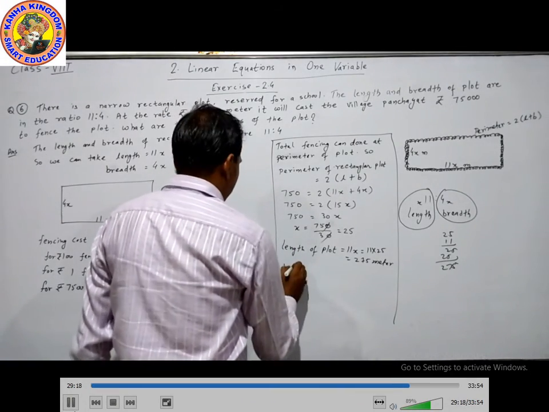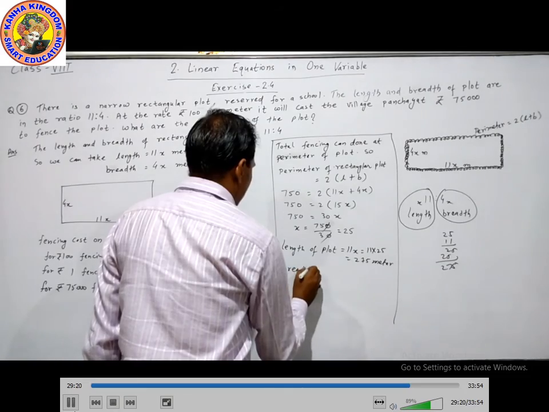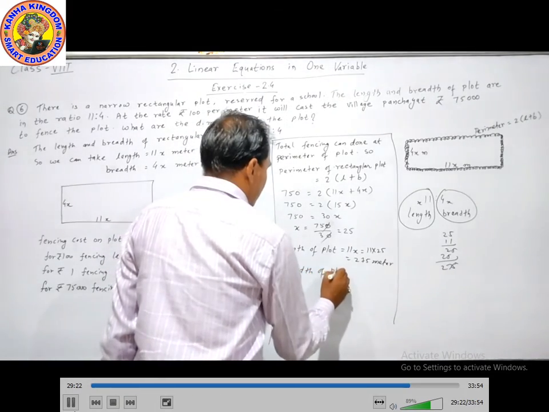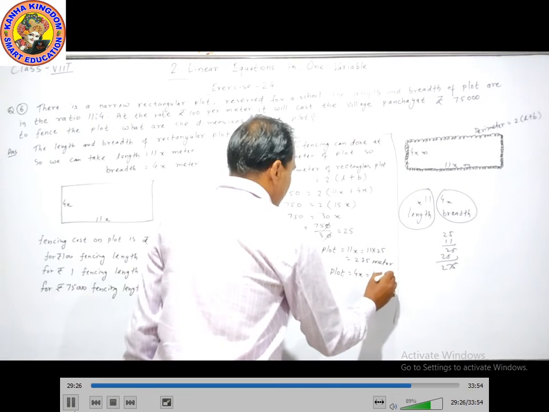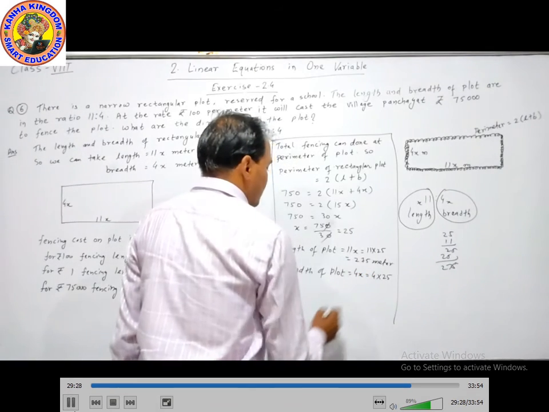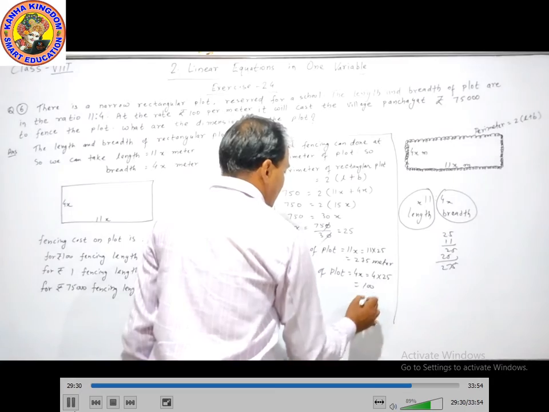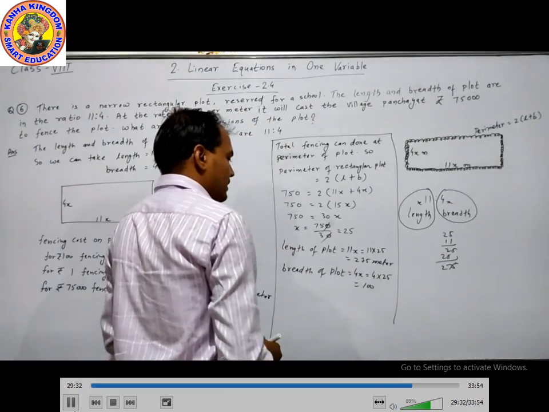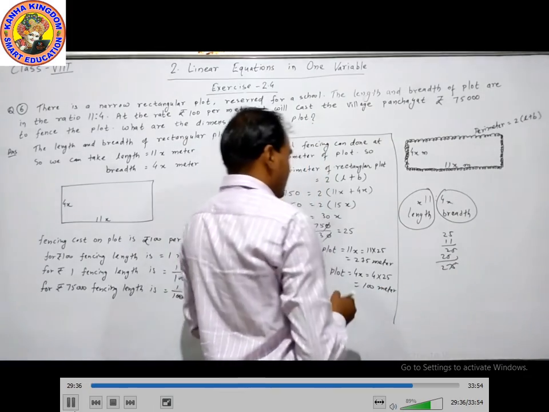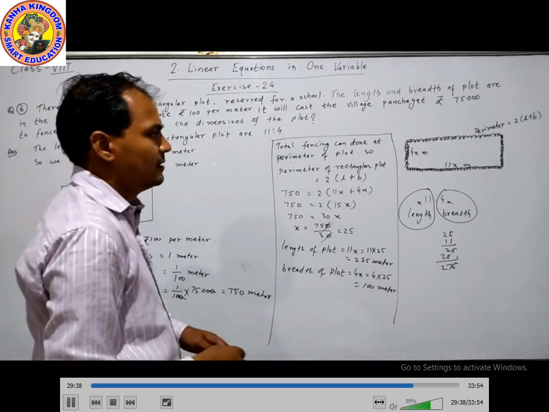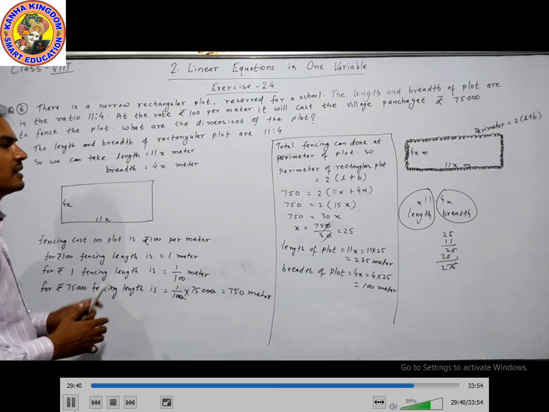The breadth of plot is 4x. 4 into 25 is equal to 100 meter. This is our answer.